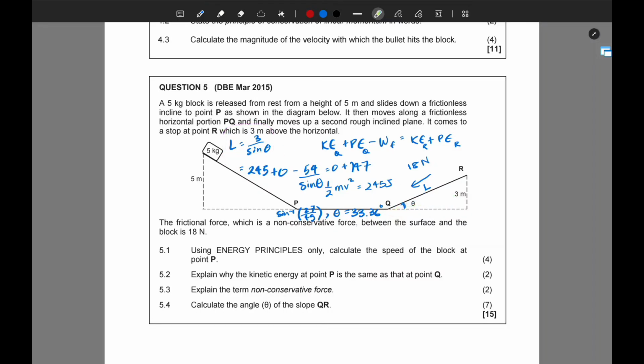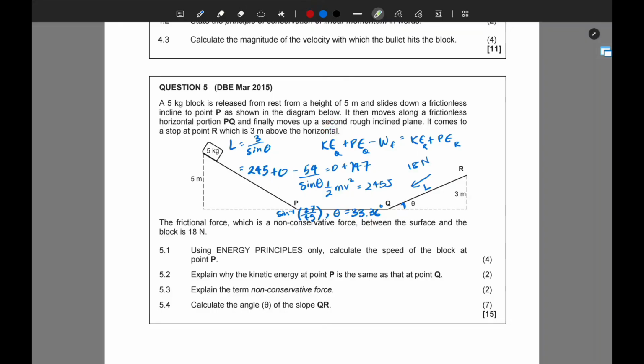Now, the next thing you have to do is use energy principles: the kinetic energy and potential energy plus or minus the work done by friction is equal to the kinetic energy and potential energy at R. Now, how do we find that?